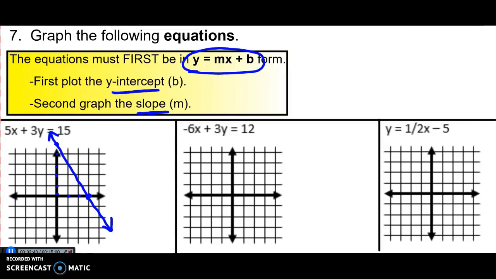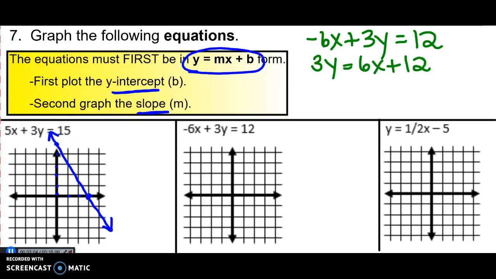Again, they did not give us the equation in slope-intercept form. So again, we're going to have to convert from standard form to slope-intercept form, which basically just means we're isolating the y. So since we have a negative 6x on the left side, when we move it to the right side, we would add it, which means it would become a positive 6x on the right side of the equation. And then again, we need to get rid of this coefficient of 3.